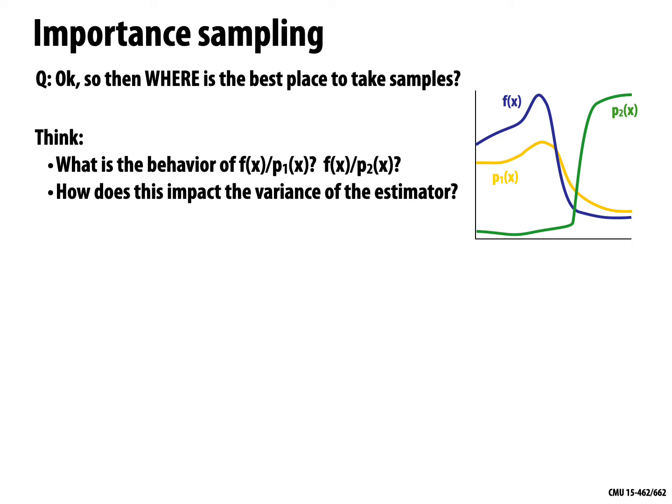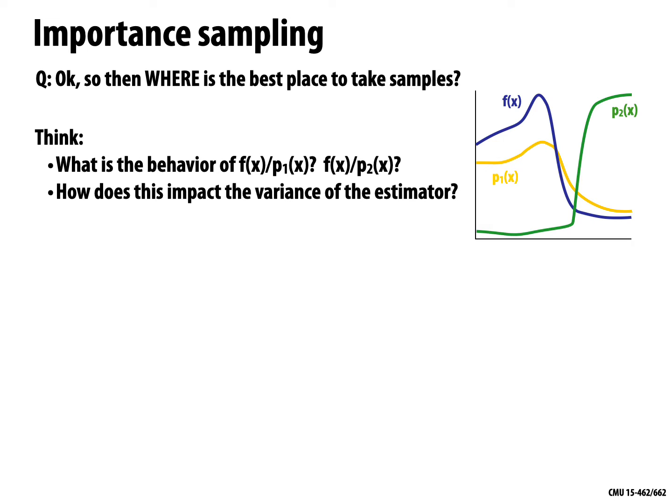And so one way of thinking about this is we want to find a p that makes the quotient look relatively uniform. We're putting about the same amount of work into all the different areas under the curve, right?